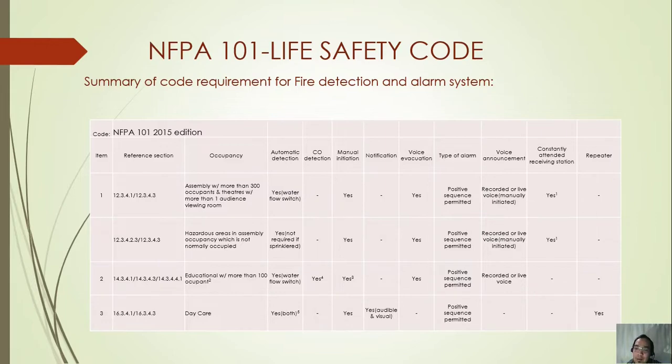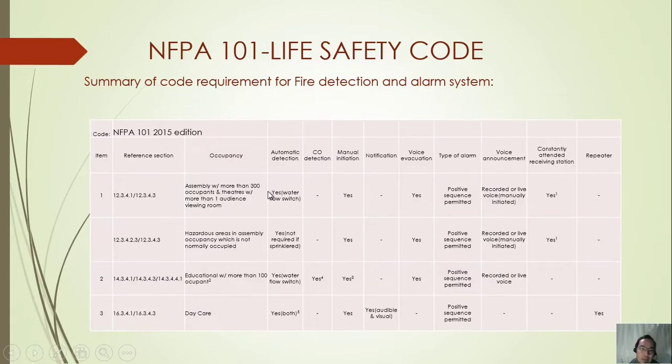And we have the separate also column for constantly attended receiving station. This is like fire command center. So if this is required in the building, it's here. And repeater. So these are the requirements that you will see in each occupancy if they are required.